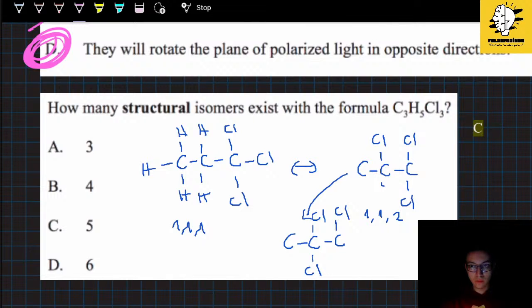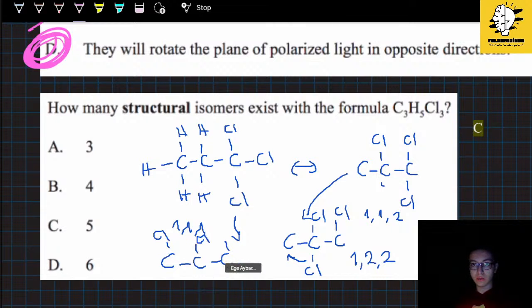And this is the third one. And what is the fourth one? Burak, can you say it? It is going to be 1,1,3 trichloropropane, and the last one is obviously 1,2,3 trichloropropane. Exactly. And we will just try to rotate them again. Just make sure that you are obtaining different structures, by the way, because this has 3 carbons.